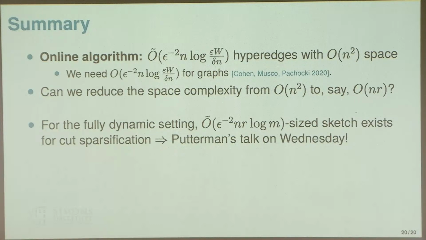So day after tomorrow, let's look forward to it. So n r times log m is a little bit worse than the bound that we got here, because for unweighted hypergraphs, W is comparable to m. So this is basically n log m, and this is n r times log m. So this is r times bigger.